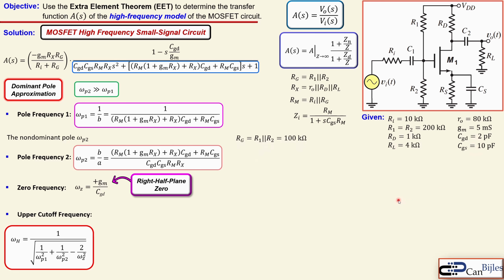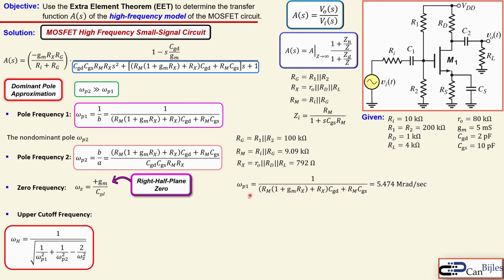Now we will first calculate RG, the parallel combination of R1 and R2, 200 kilo ohms, so parallel will be exactly 100 kilo ohms. RM is then Ri and RG, effectively 9.09 kilo ohms. And Rx is the parallel combination of RD and RL, approximately 792 ohms.